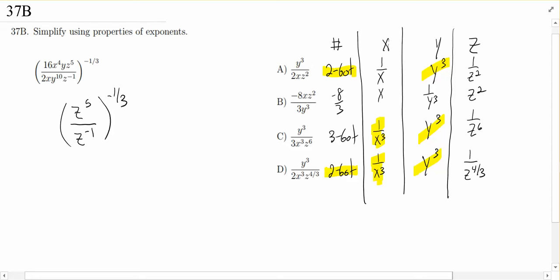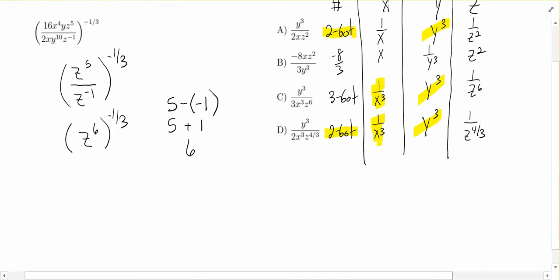If I just look at the z's only, then I should be able to differentiate between A, B, C, and D. So the first thing I need to do is look inside that parenthesis and realize that when I have z to a power over z to a power, I subtract the powers. So I'm subtracting 5 minus -1, which is 5 plus 1, or 6. So inside the parentheses, I have z to the 6th raised to the -1/3 power.